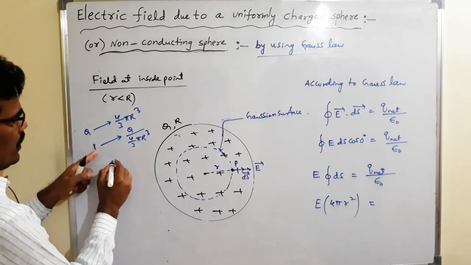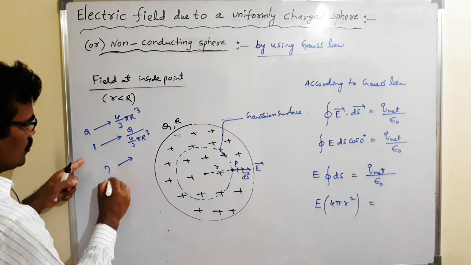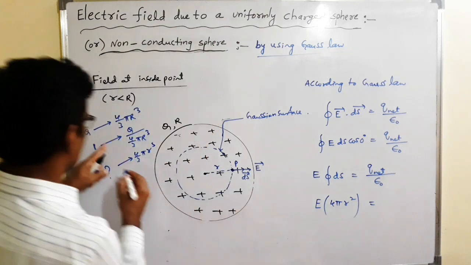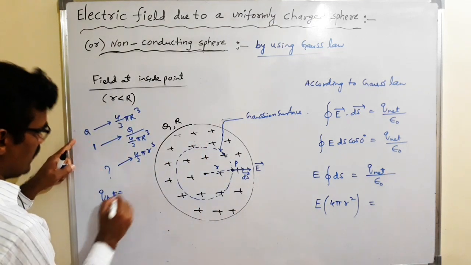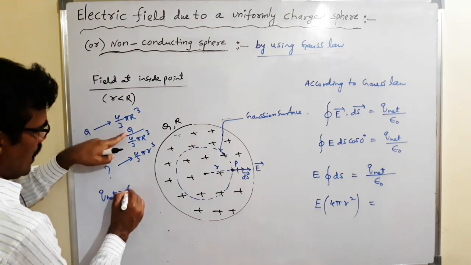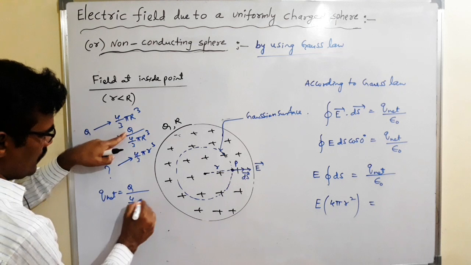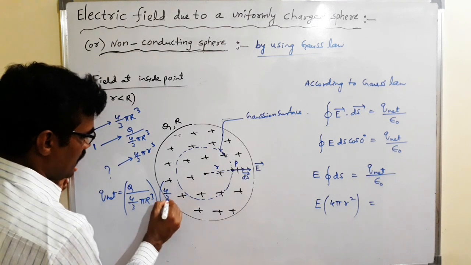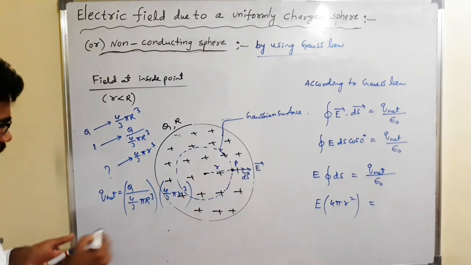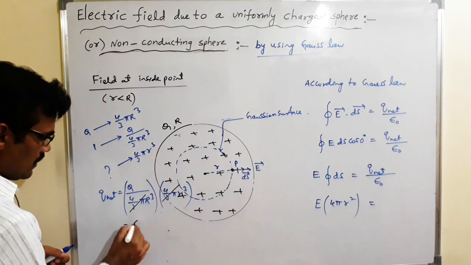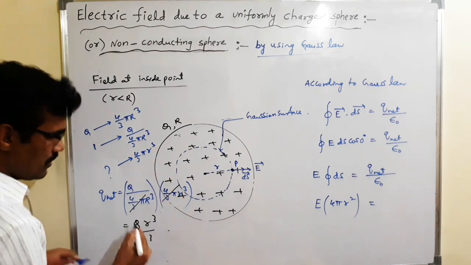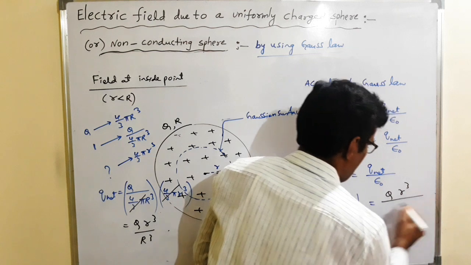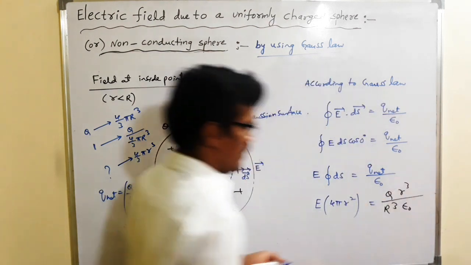So q net equals the charge per unit volume into the volume of this portion, 4 by 3 pi small r cube. Here 4 by 3 pi cancels, giving Q small r cube by capital R cube. Substituting here, Q small r cube by capital R cube divided by epsilon naught.